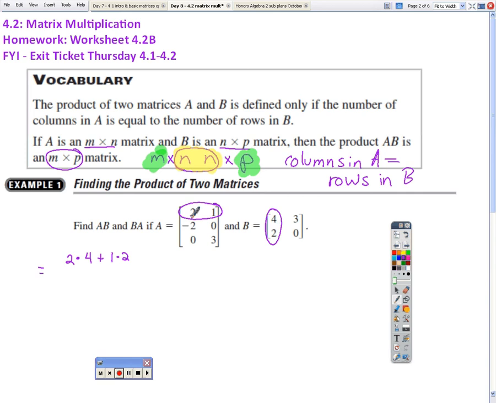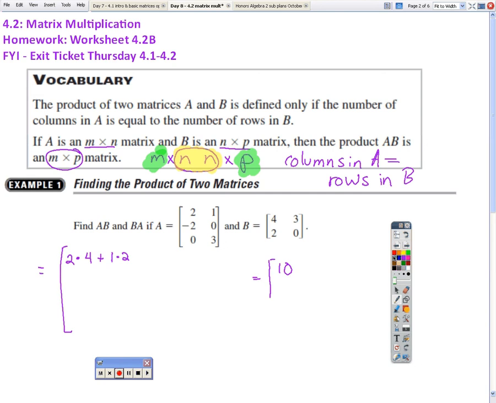I want you to notice that I'm multiplying the corresponding entries, the first with the first, and the second with the second. I'm going to have two matrices here, one with my work and one with my final answer. So my final answer is going to be 10. Okay, so because this was the first row and the first column, my answer goes in the first row and the first column. Erase this.